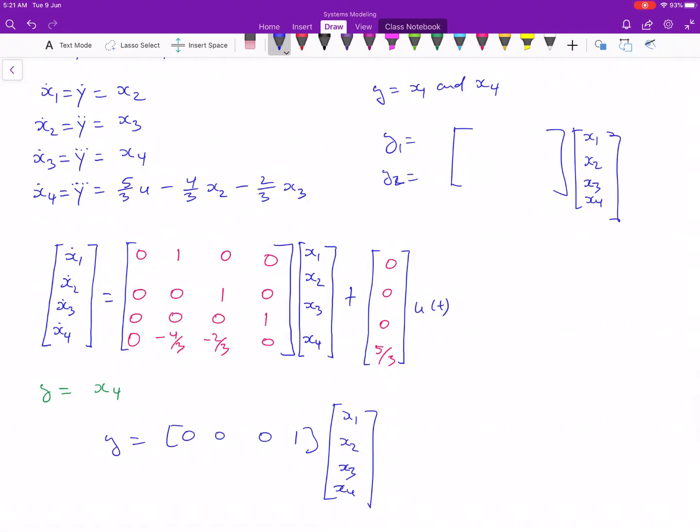And you can have y1 is x1, which is 1, 0, 0, 0, and y2 is 0, 0, 0, 1, etc. And you can also write it in a single column format, such that you have 1, 0, 0, 1, whereby you have x1, x2, x3, x4, etc. Okay?